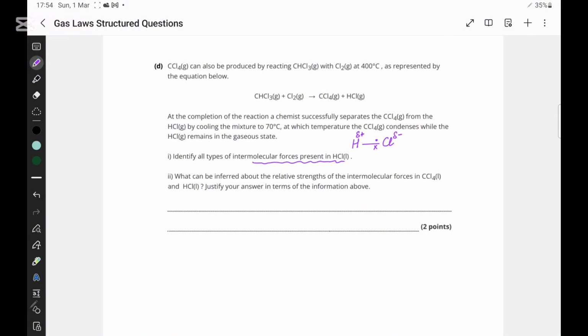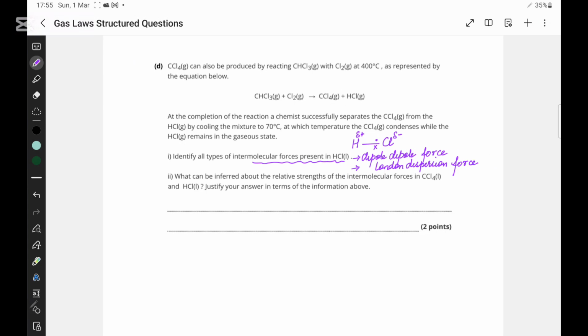So one force that is present here is going to be dipole force, and the second force of attraction is going to be London dispersion force. That is going to be present there.